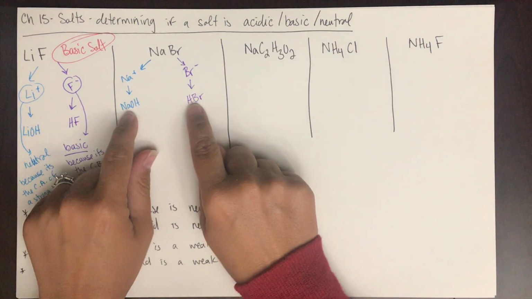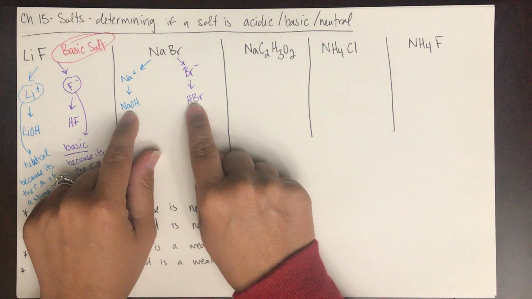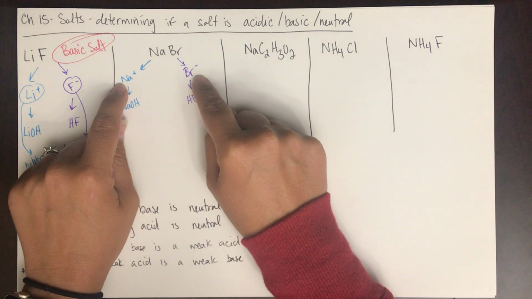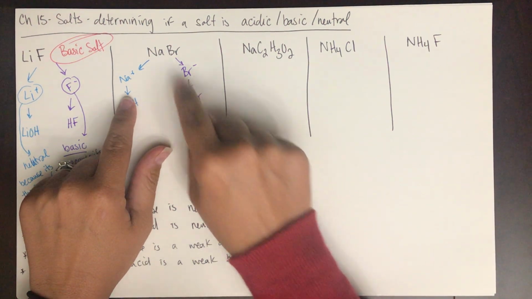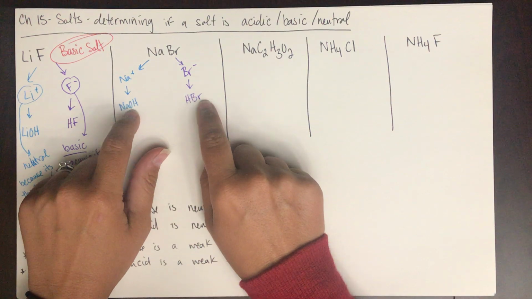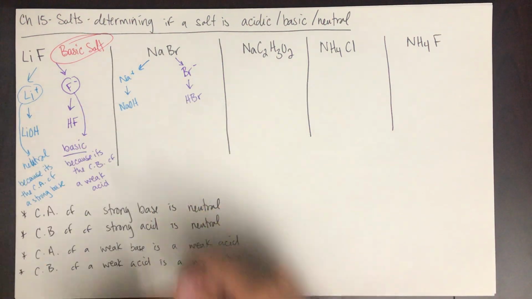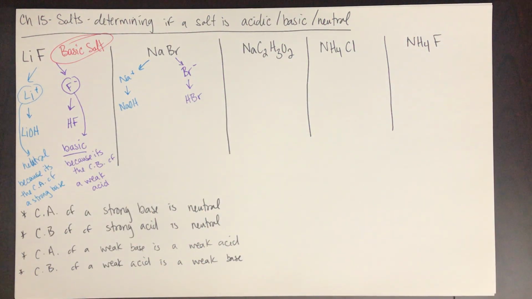So really, the only reason we do this step is to see if each ion is going to act like an acid, base, or neutral. These are not really important in terms of the salt. We just do this part to determine if these ions are going to act like acids or bases or if they'll be neutral.